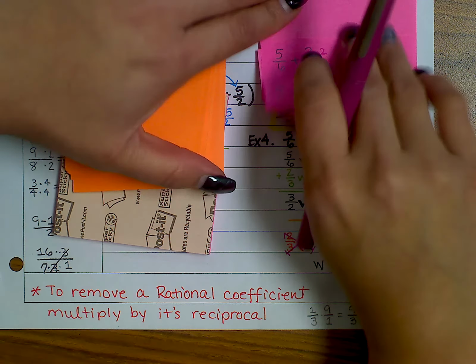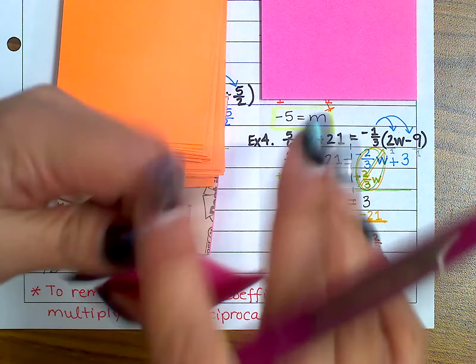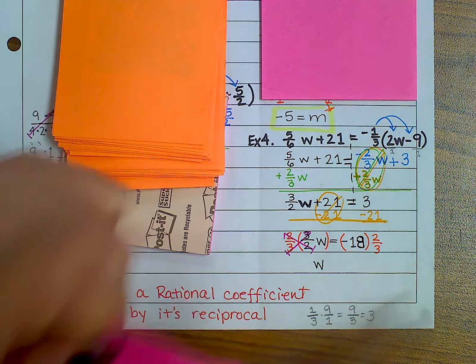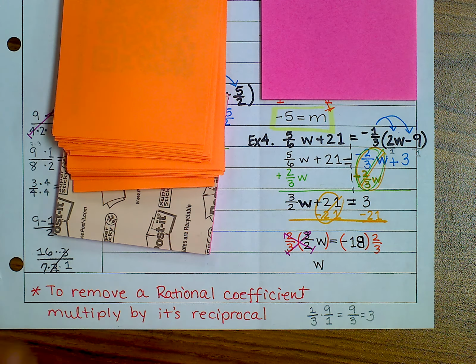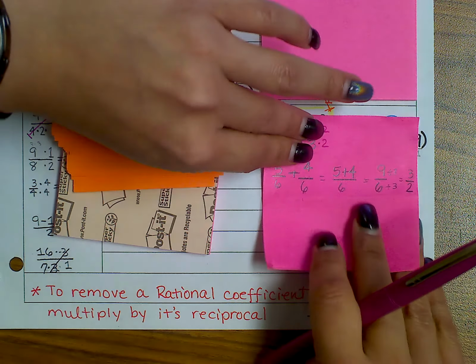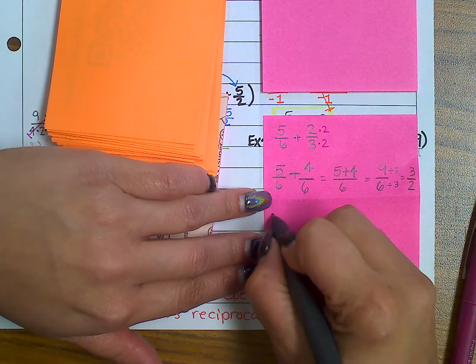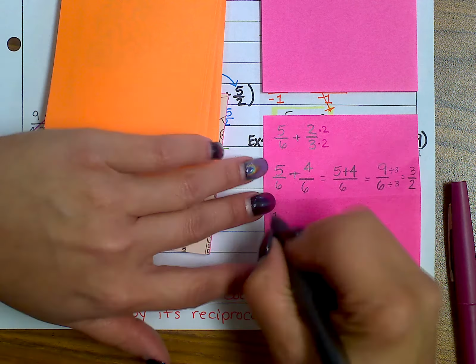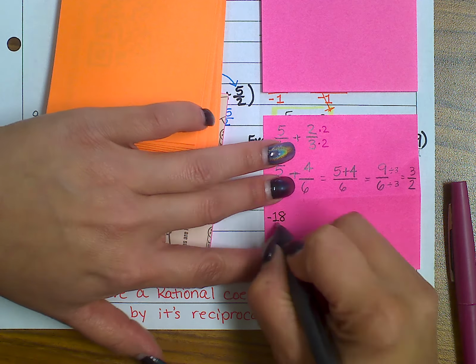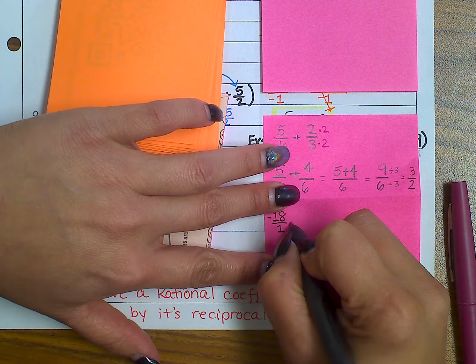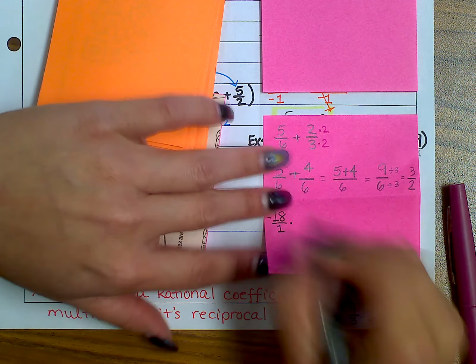I might want to use some more of that scratch paper that I left up here. So, here I have, is that positive? No, negative 18 over 1 times 2 over 3.